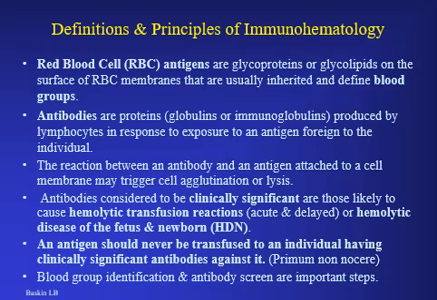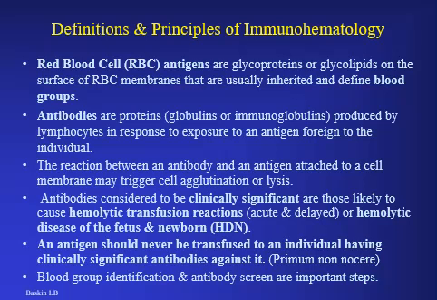Red blood cell antigens are the glycoproteins or glycolipids that are on the surface of red cell membranes. They're usually inherited, and they define the blood groups. Antibodies are the immunoglobulins that are produced in response to exposure to an antigen that is deemed foreign by the individual.